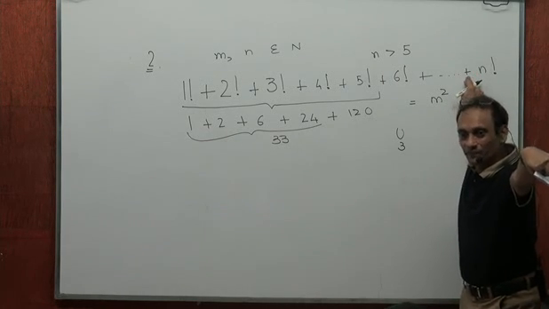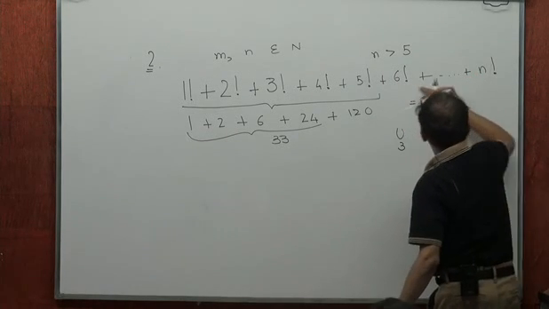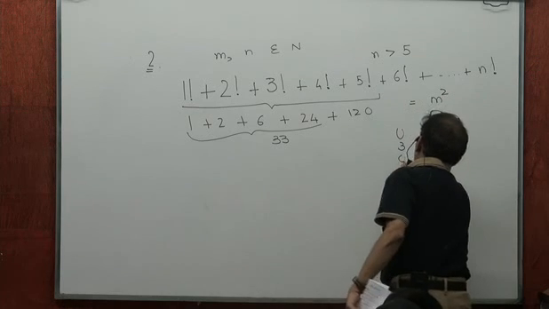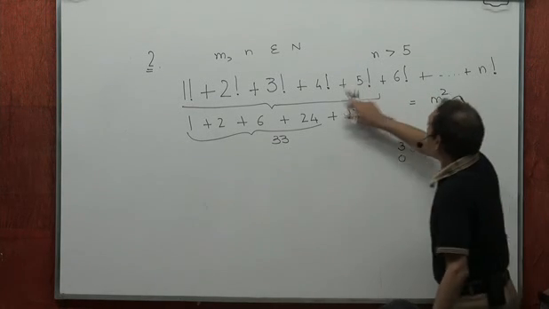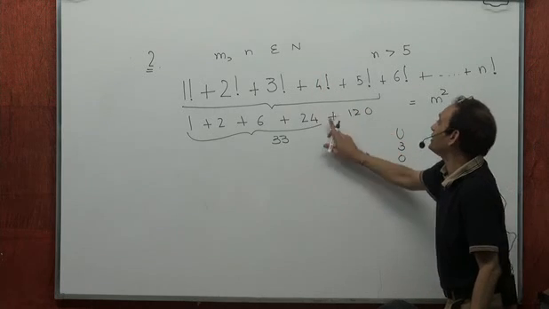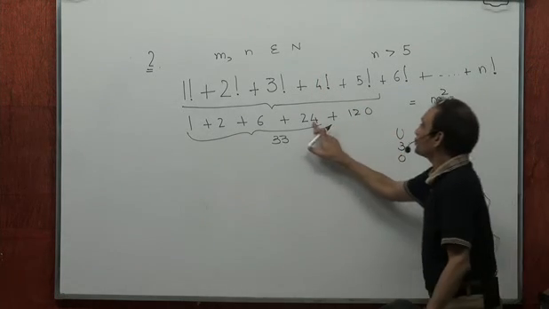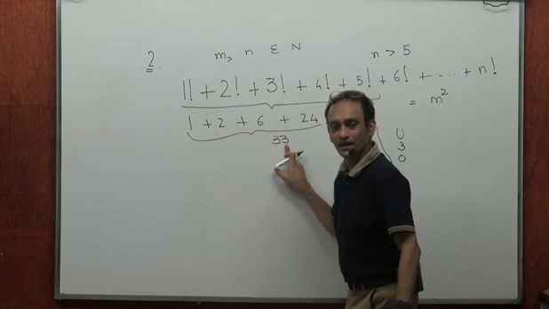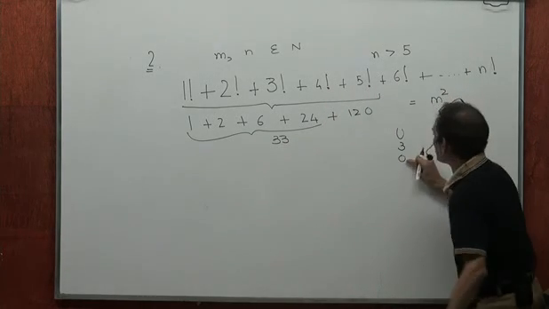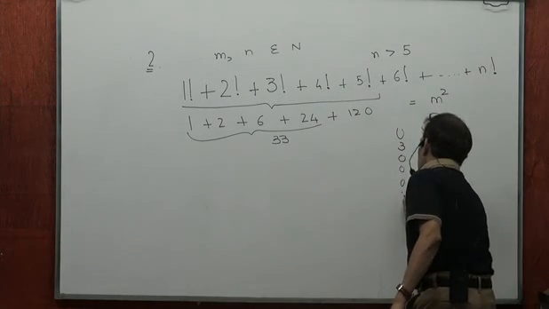Are you there with me? So everything from 5 factorial onwards will have a units place 0. And up to 4 factorial, the sum is 1, 2, 6, 24, giving 33. So the units place is 3. And for all others, the units place is 0, 0, 0, 0, etc.